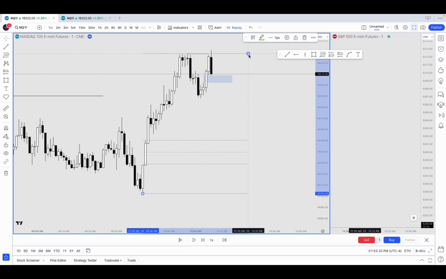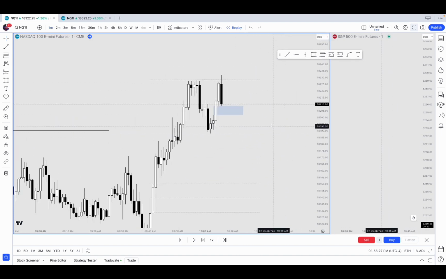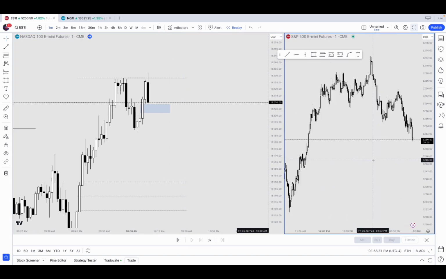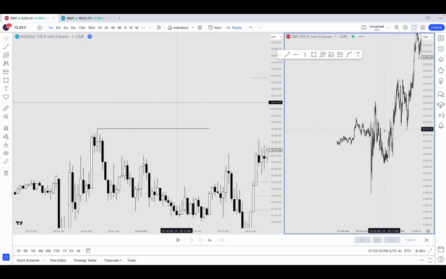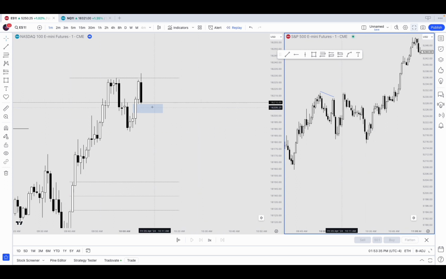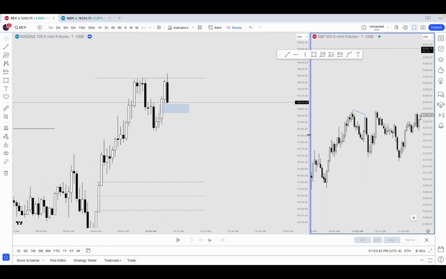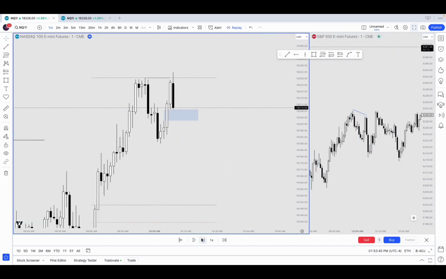Like this move, which is here, and also this 1 minute fair value gap. So we took this. Also, at this time we had an SMT with ES, as you can see. Those are here. NQ took this high, but ES didn't. So I was like, okay, now we're definitely going down, right?